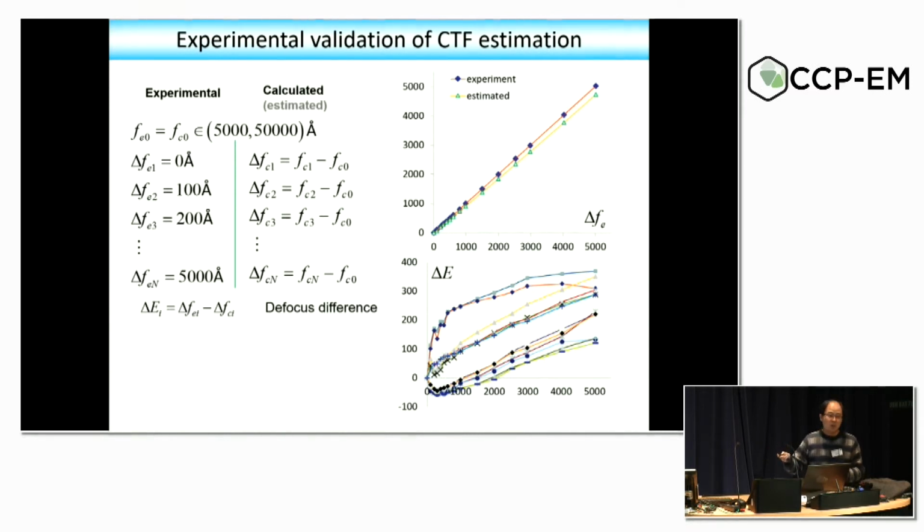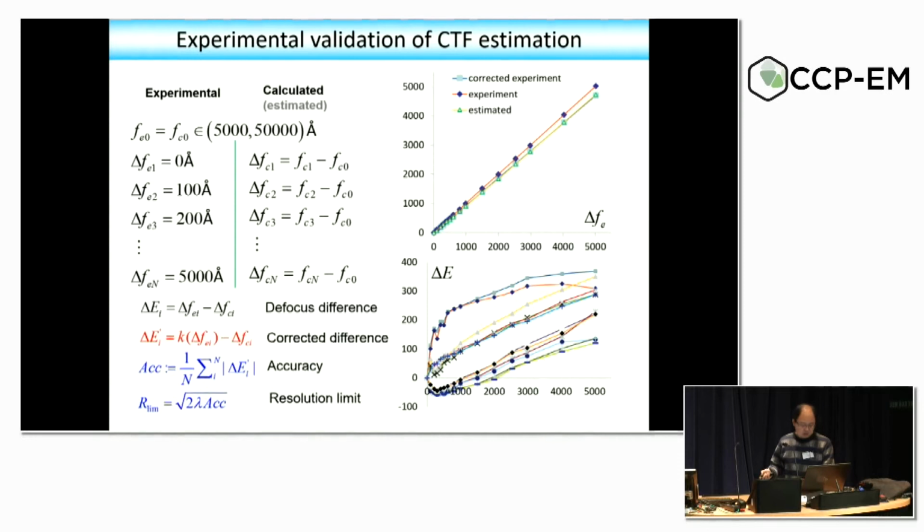But at the same time, when your starting defocus increases, the error always starts from very small. That means there must be some systematic error during the experiment. That's the reason why we need to correct the experimental values read out from the microscope. It's not precisely correct, the defocus we read from the microscope using the focus button.